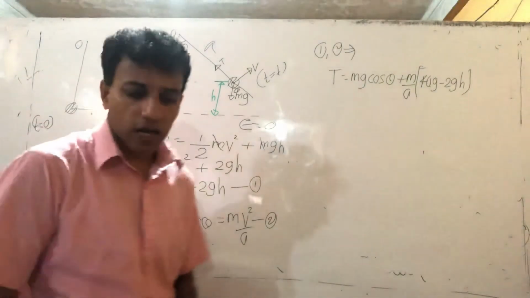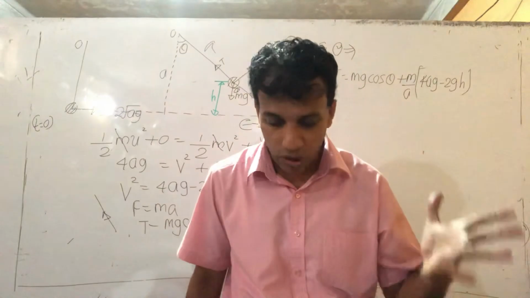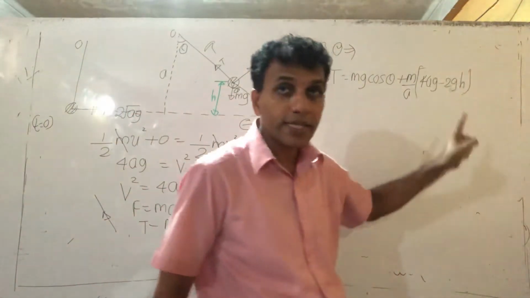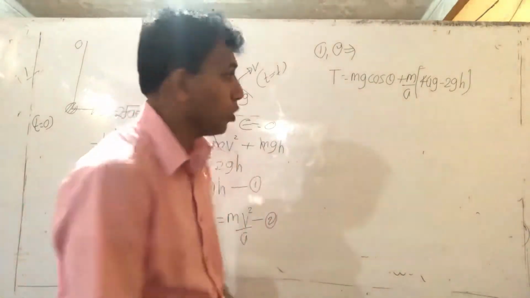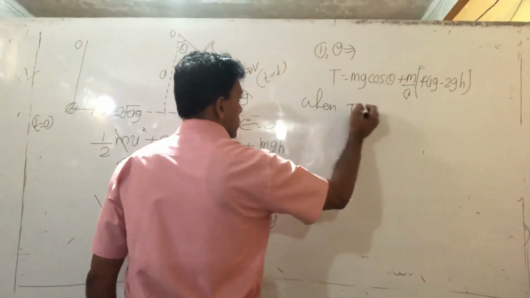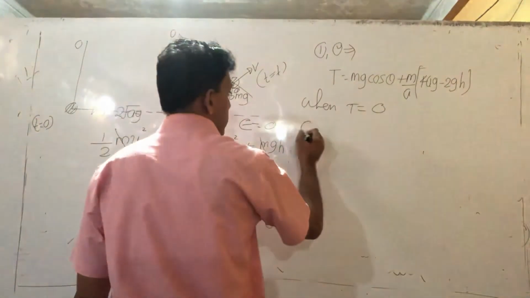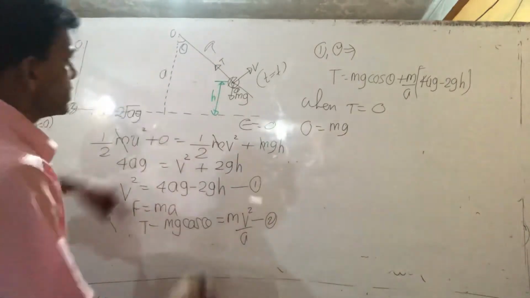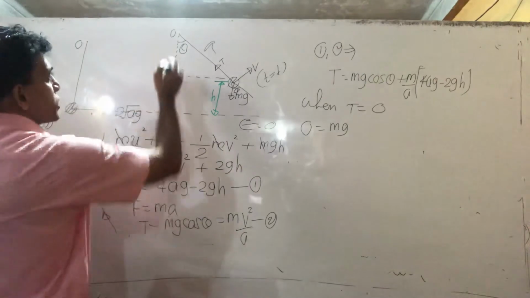Okay, now they ask when T is 0, the particle leaves the circular motion. I want to find the small h answer when T becomes 0. So write below, when T equals 0, so 0 equals mg, and what is cos theta here? What is this part?